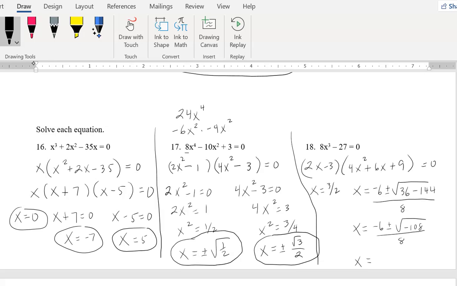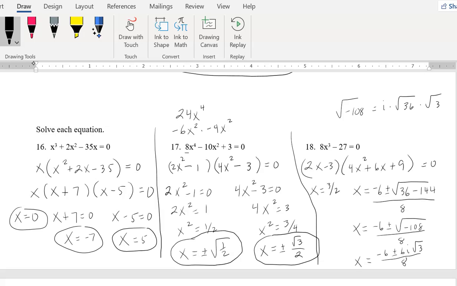And when we simplify this radical, let me just come up here. The square root of negative 108, obviously it's going to have the number i. And I'm going to use 36 and 3, root 36 and root 3. So that makes 6i root 3. And then I think I'll put my final answer up here because notice we can reduce.